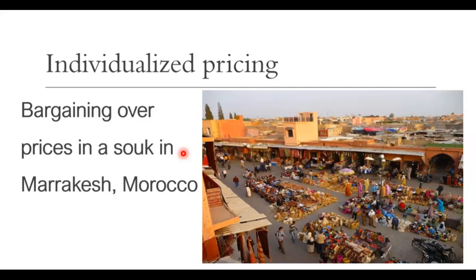So if you were to go to a market like this, you would find that there were no price tags on anything. Every price has to be negotiated individually with each seller. So in that situation, everybody can possibly pay a different price. Nobody has any idea what other people have paid.